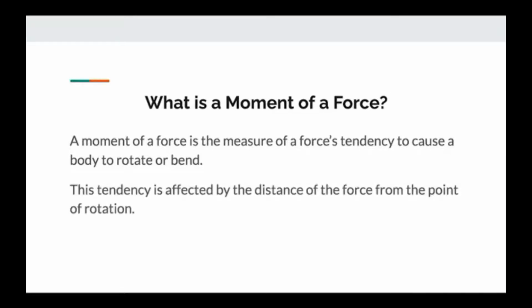And this tendency is affected by the distance of the force from the point of rotation, meaning the force that will be required to rotate a body will be dependent on the distance of the force from the point where the rotation will take place.